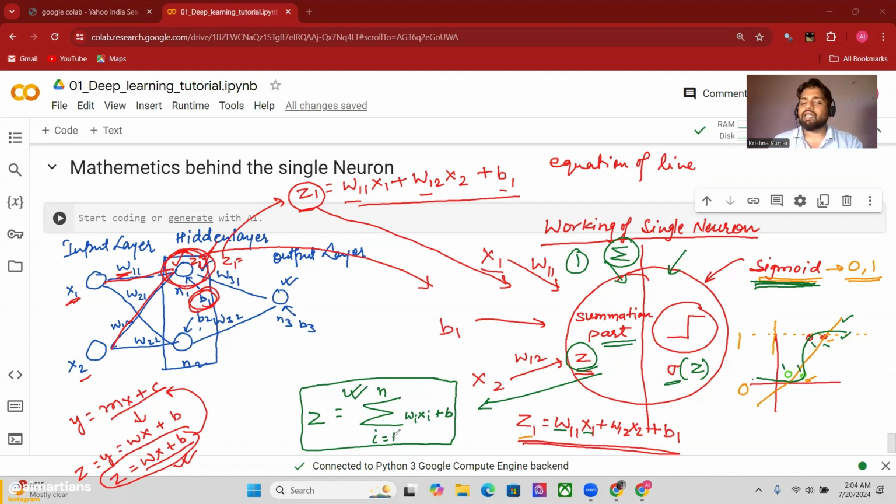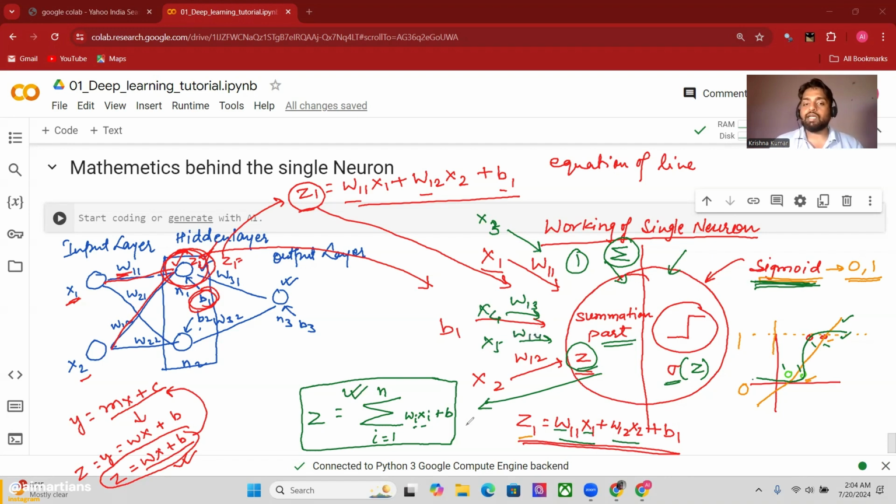So it's nothing, i means how many of these w1 x1, w2 x2 there are. Similarly, there may be n of them: w1 x1, w2 x2, w3 x3, up to wn xn. Maybe we supply a lot of features, x3, x4, x5, and with these we are also supplying the weights.